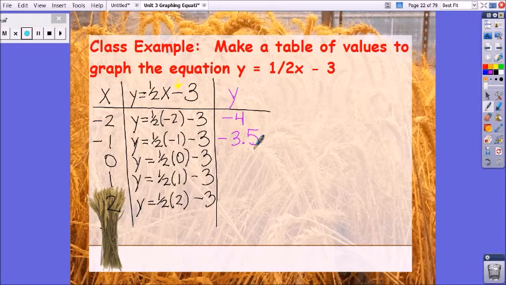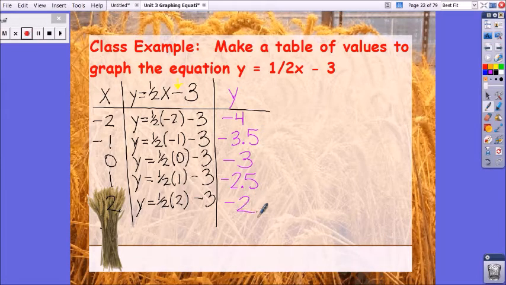Evaluate with a 0. That's -3. Evaluate with a 1. That's -2.5. And finally, evaluate with a 2, which will be 1 minus 3, and that's -2.